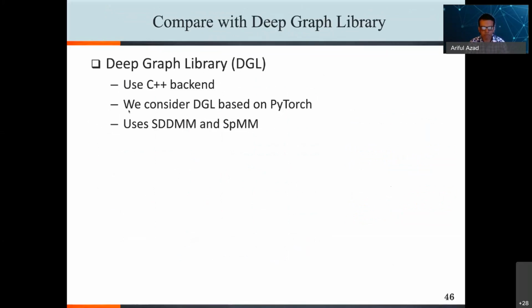Then we compare the performance with a state-of-the-art library called Deep Graph Library, where the backend is C++ and the frontend is based on PyTorch. That library uses separate SDDMM and SpMM.